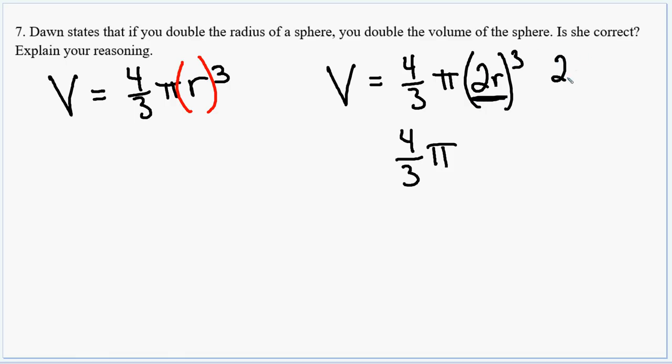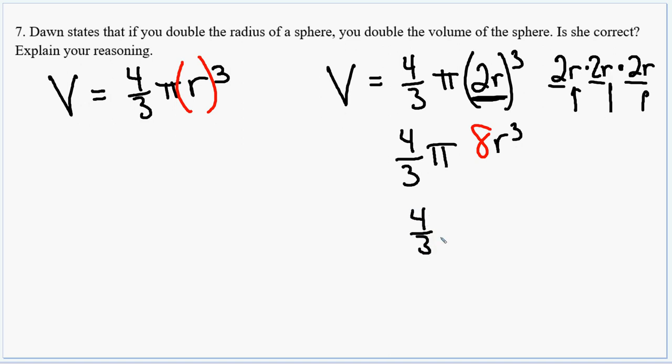So it's kind of like we're multiplying 2r times another 2r times another 2r. 2 times 2 times 2 is 8. And then r times r times r is r cubed. And now I'm going to rewrite this, but I'm going to move that red 8 to the front.